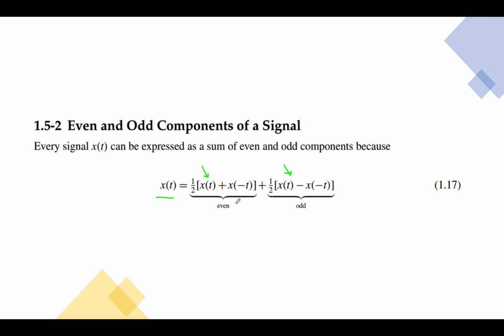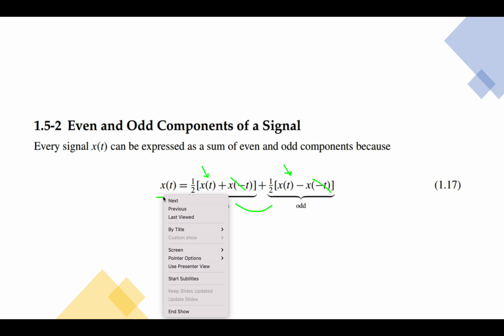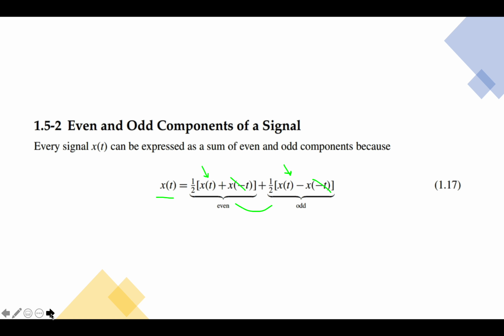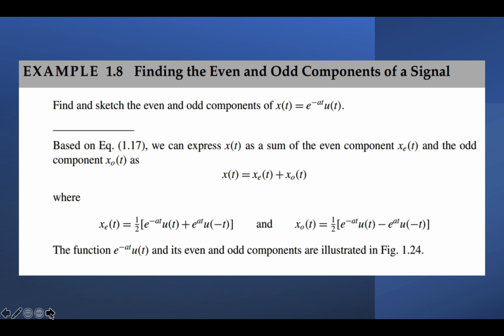You can show that as you add these two together, these two would cancel out if you simplify this, and you get x of t back. But by expressing it as these two terms, you can get an even part and an odd part. Is that useful? It can be. It can sometimes be useful. So that may be something that ends up being a useful thing to do from a signal processing perspective.